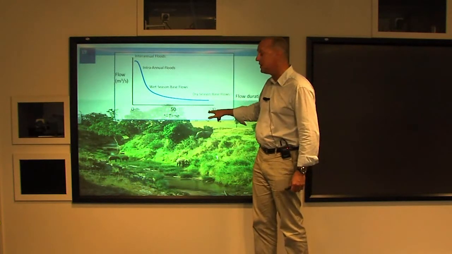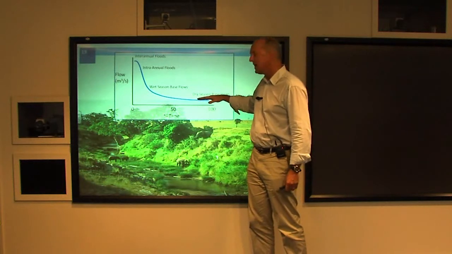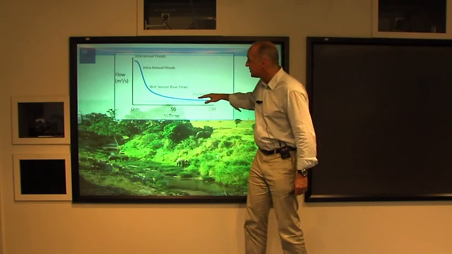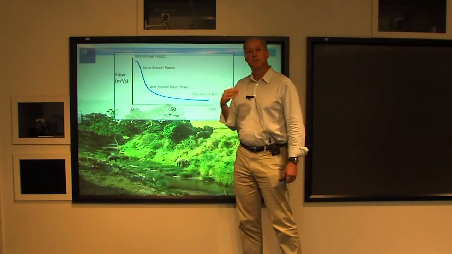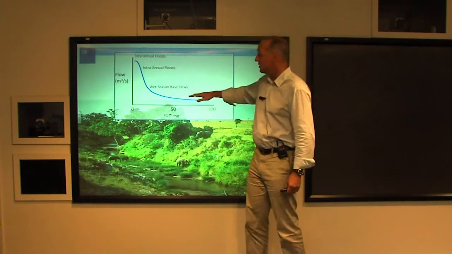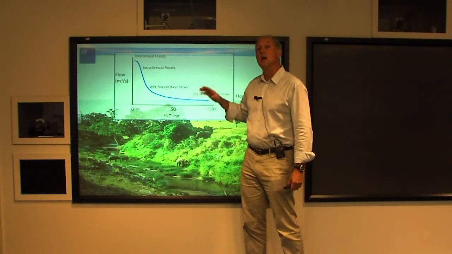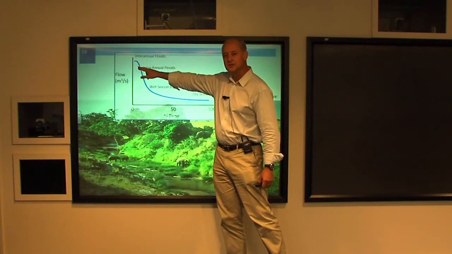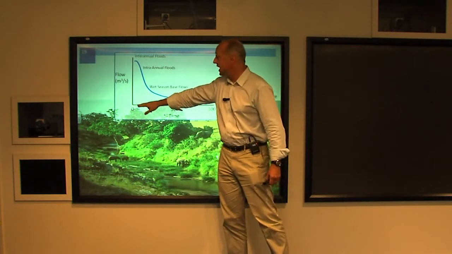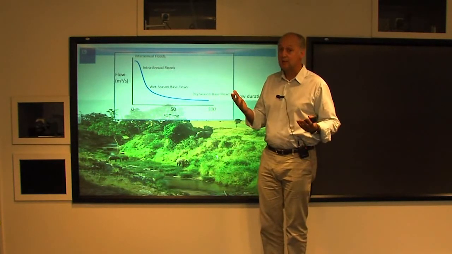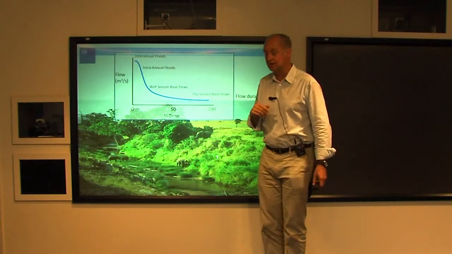So we're approaching 100% of the time that at least this much water is flowing in the river. But as those flow levels increase, the percentage of time, the number of days, the number of hours that those flows persist in the river decrease until ultimately we reach the very highest flows that occur in the rivers, and those, of course, happen for only very brief periods of time, perhaps only once every several years.